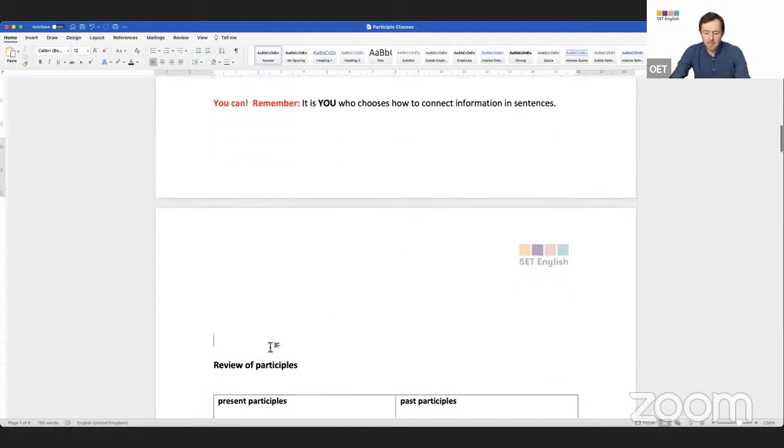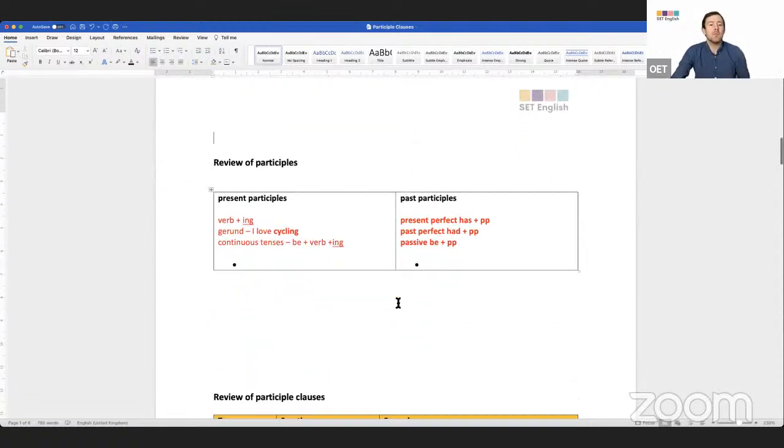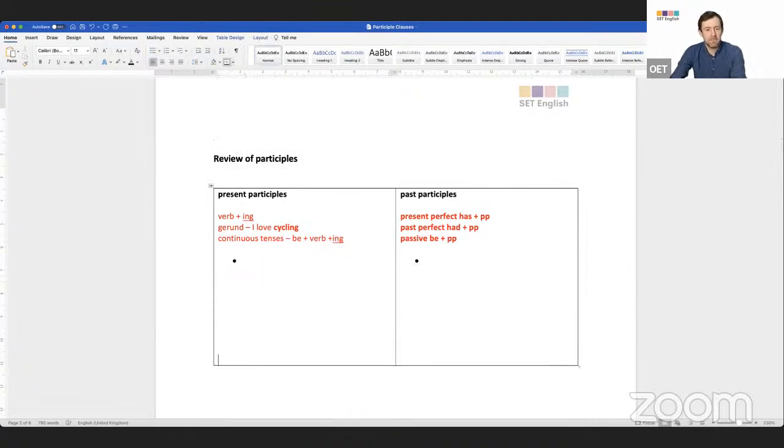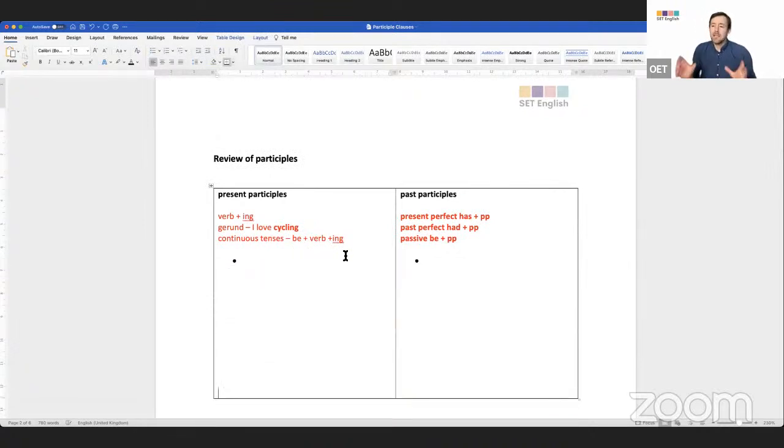All right, so the first thing we need to do is review what participles are. Participles are forms of verbs. Present participles are ing. Okay. So we use those in lots of different ways.